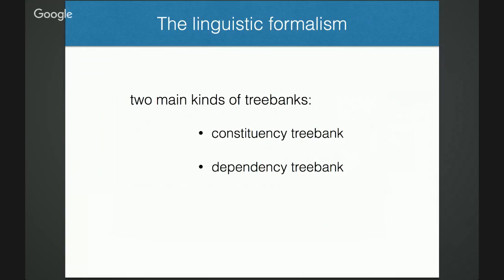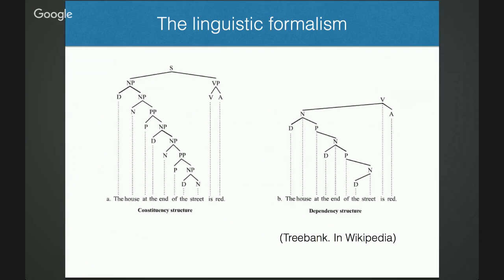I was saying that there are two different kinds of treebanks, constituency treebanks and dependency treebanks. I have so far just shown examples from a dependency treebank. Again, the concepts here are complex. I just want you to know that there exist different kinds of treebanks.